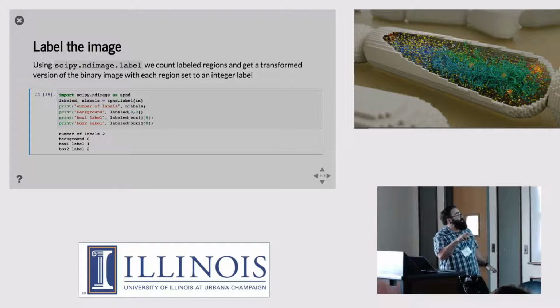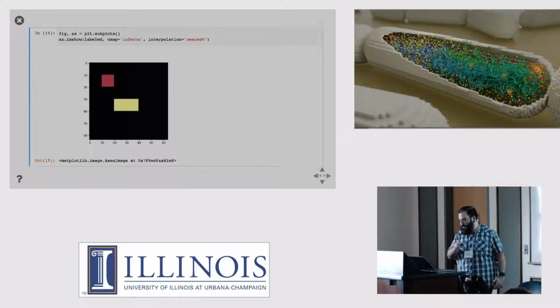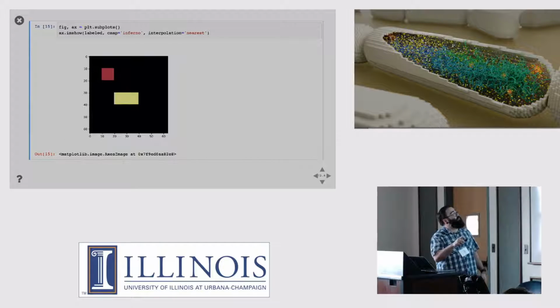I'm looking at the boxes, so I'm giving it the indices of the box that I defined earlier, and I'm evaluating that at whatever the first index was. That gives me box label 1, which turns out to be 1. Likewise for 2, that gives me box label 2. So if I display it, you can see that this one got 1 number, and this one got the other number.